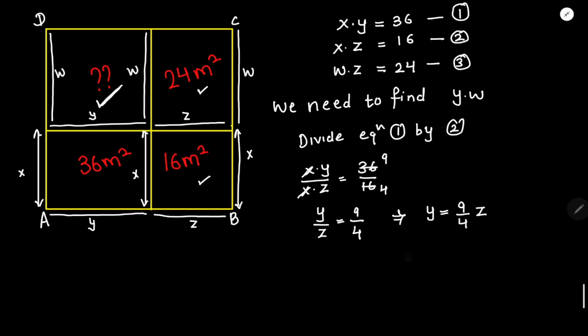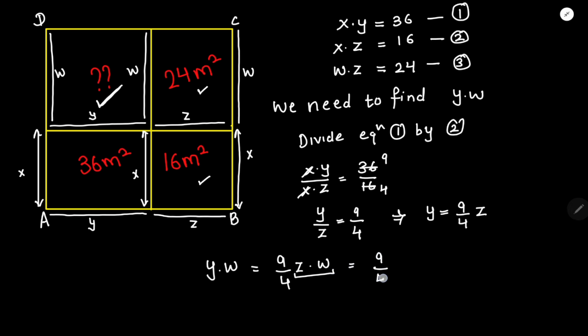Okay, now if I know this, what do I need to find? I need to find yw. So I will find y times w. Okay, what is y times w? Y is what? 9 by 4 z, right? Times w. What is z times w?